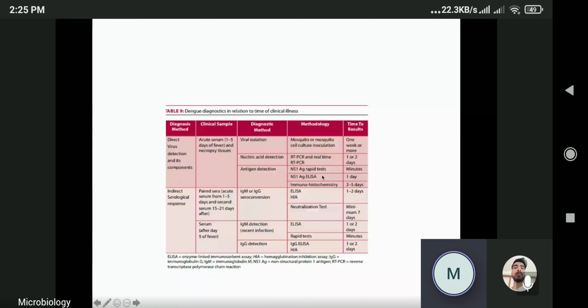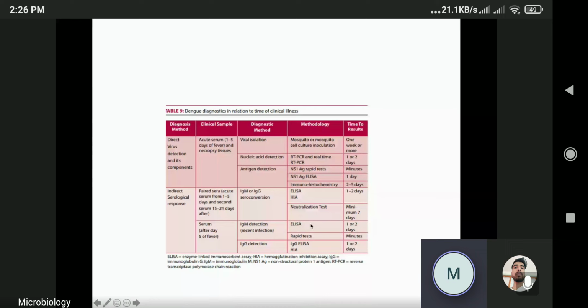In indirect means, in recovery phases, we can detect antibody by ELISA, or even these rapid tests are available by which we can detect IgM and IgG, and this will help us know whether the patient has a recent infection or a past infection.